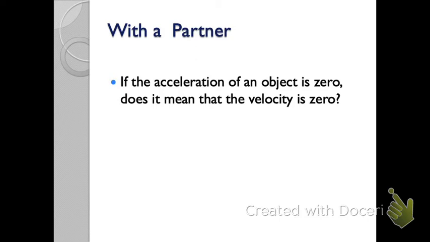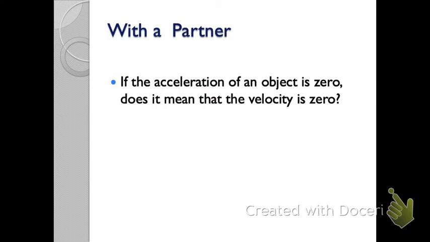We're gonna start adding to our realm of equations here. I'm gonna give you a few more equations, but with either by yourself or with someone around you, I want you to try to answer this question. If the acceleration of an object is 0, does that mean that my velocity is also 0? No, that is not the case.